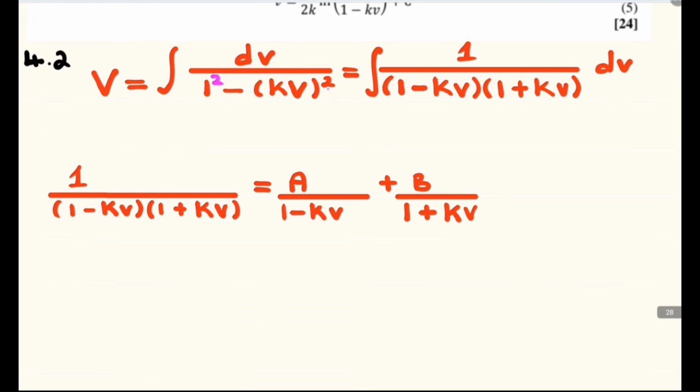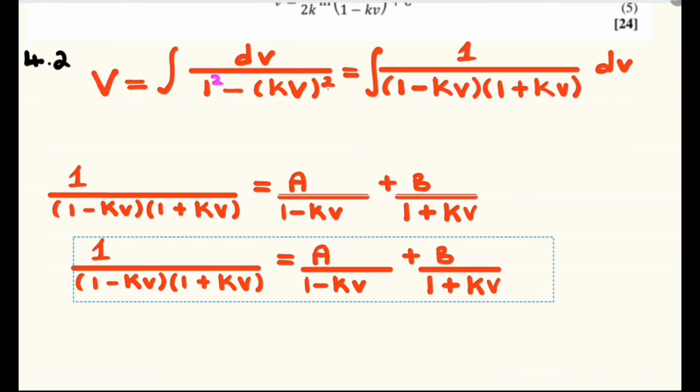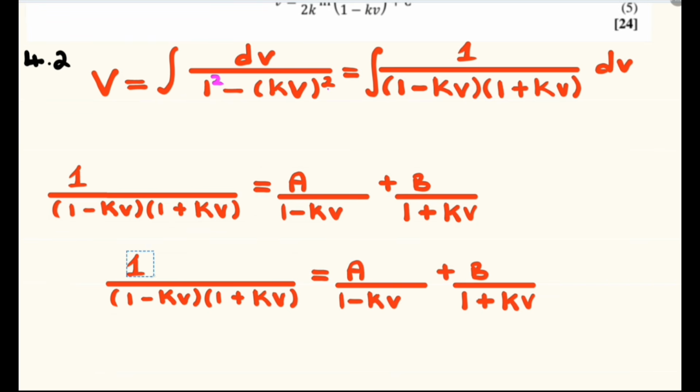For now, we are going to multiply both sides of the equation by 1 minus kv multiplied by 1 plus kv. And what we do on the left, we do on the right.